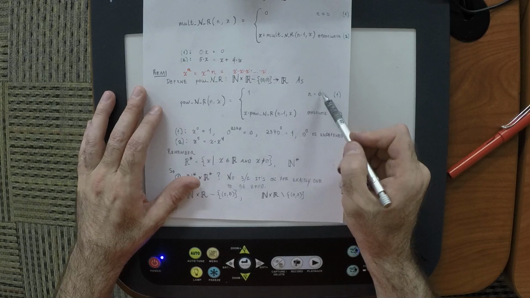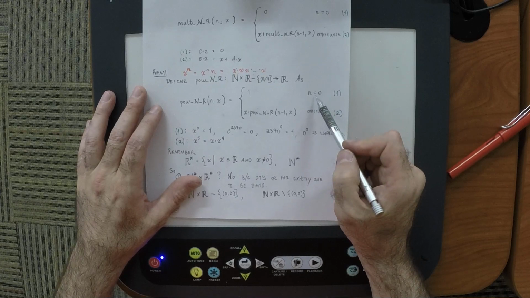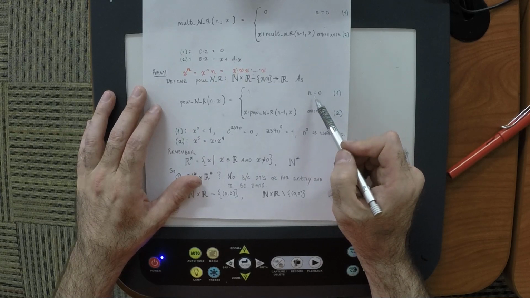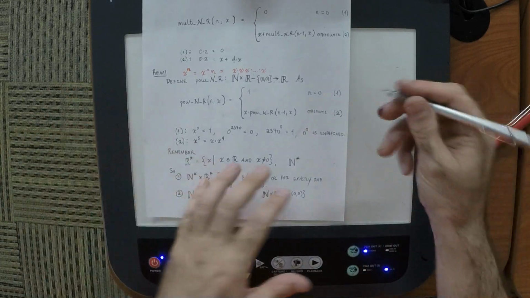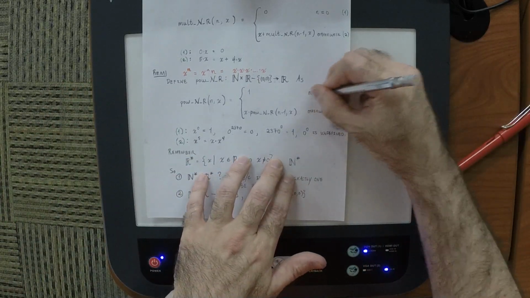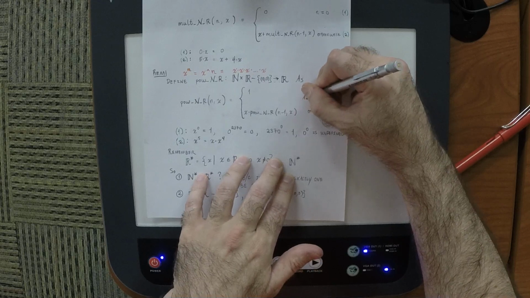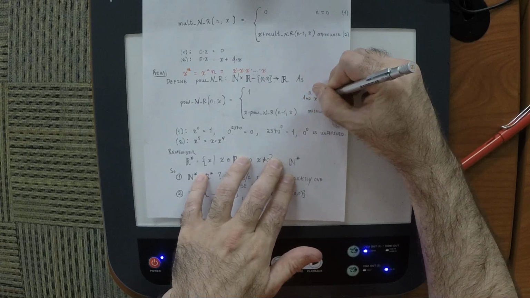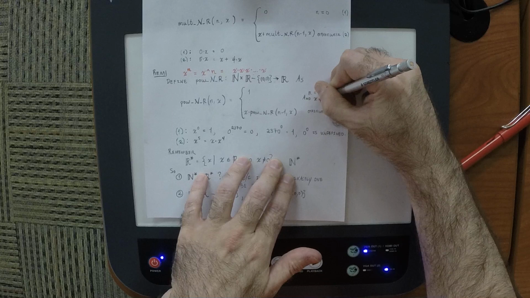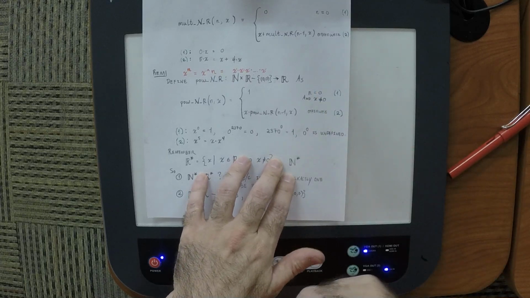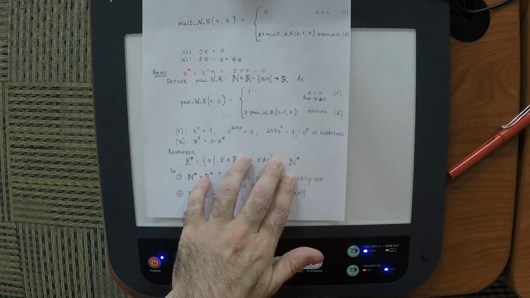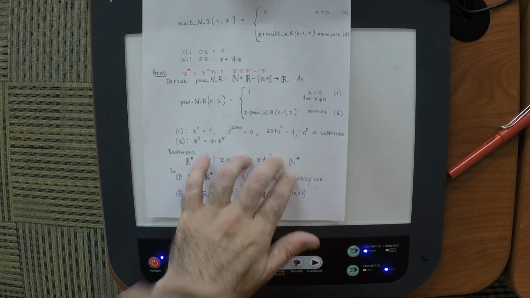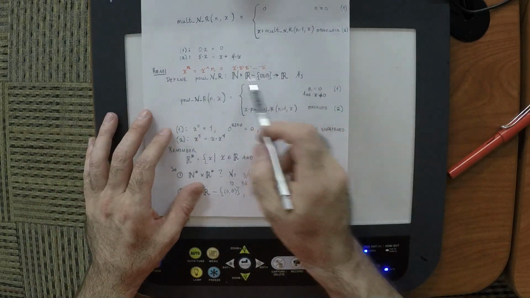What would be the problem if x were also 0? We can change this to say n equals 0 and x not 0, something like that. But really the main fix is right there.